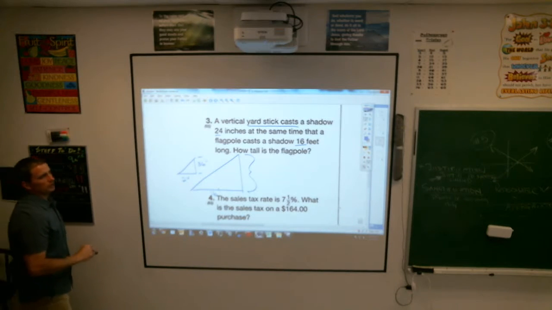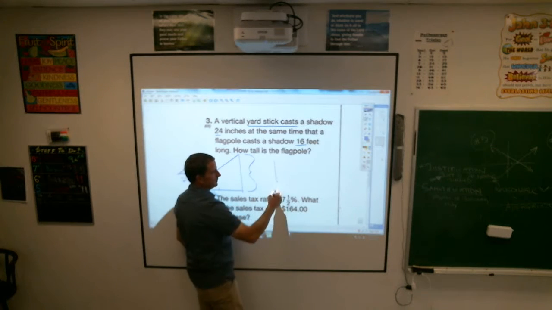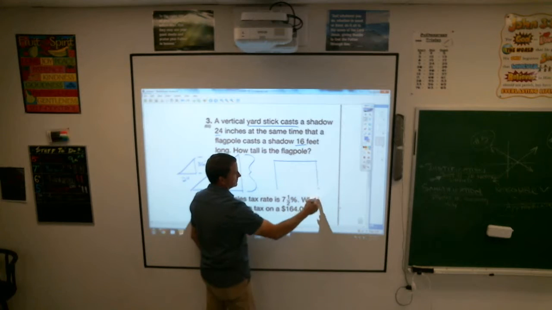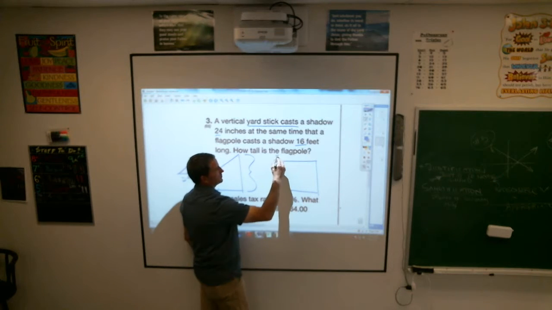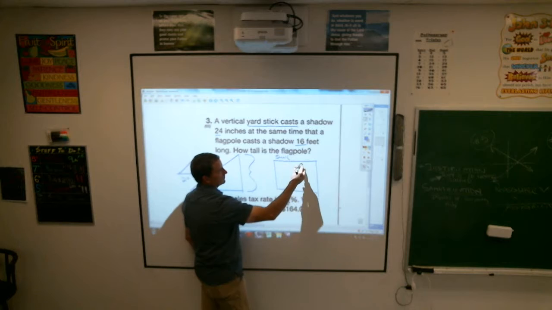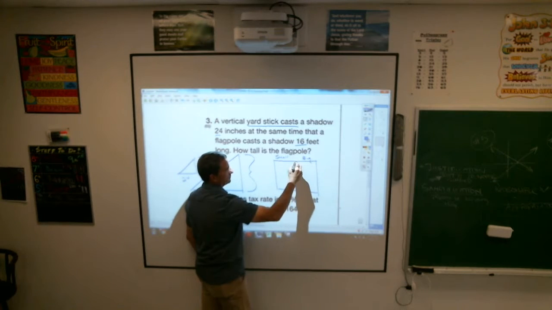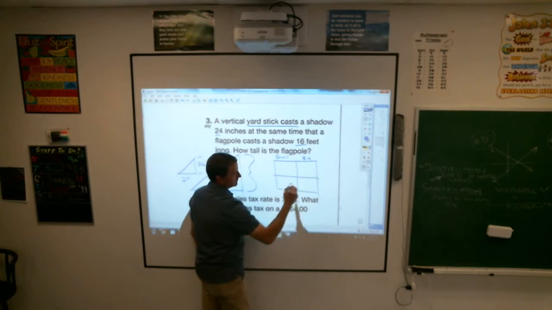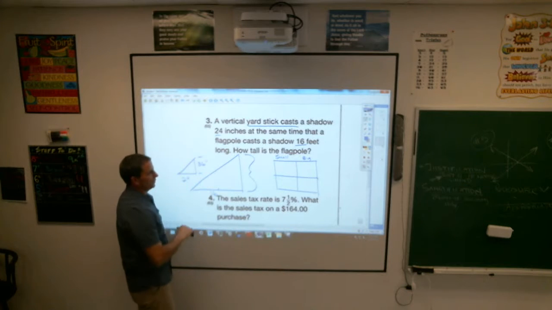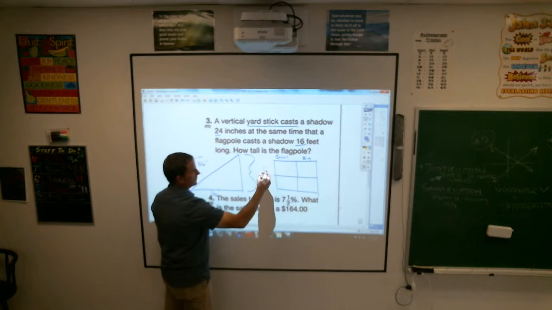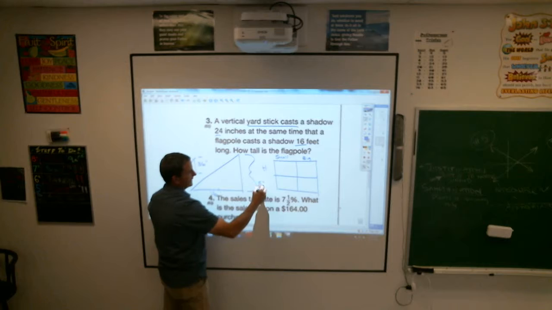So what are you going to do? You are going to make a ratio box, and you are going to compare the small triangle to the big triangle. What are we comparing? We have their heights and we have their shadows.